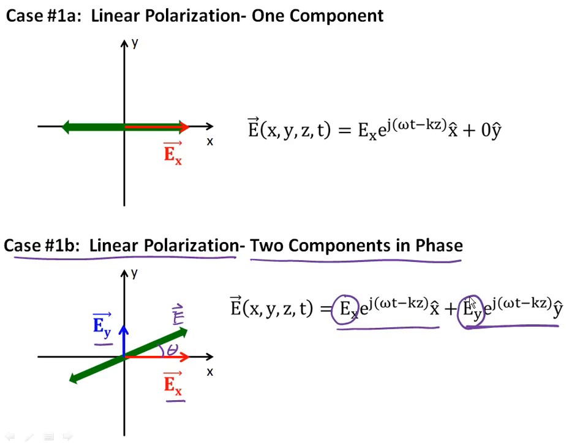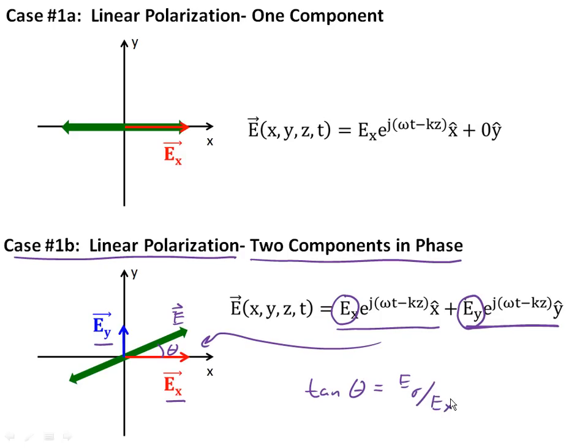And these two values need not be equal to one another. In fact the relative ratio between Ex and Ey is going to determine the direction the electric field points, or alternatively the angle theta, because of course we know that the tangent of theta is simply going to be Ey over the value in the x direction.